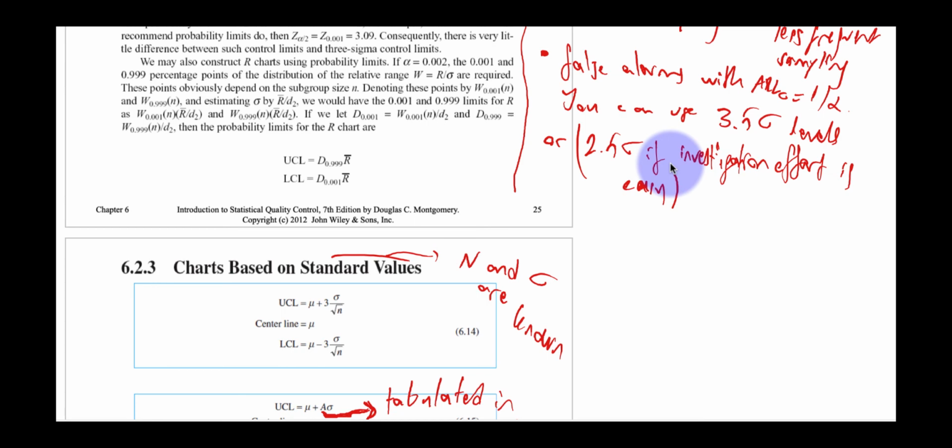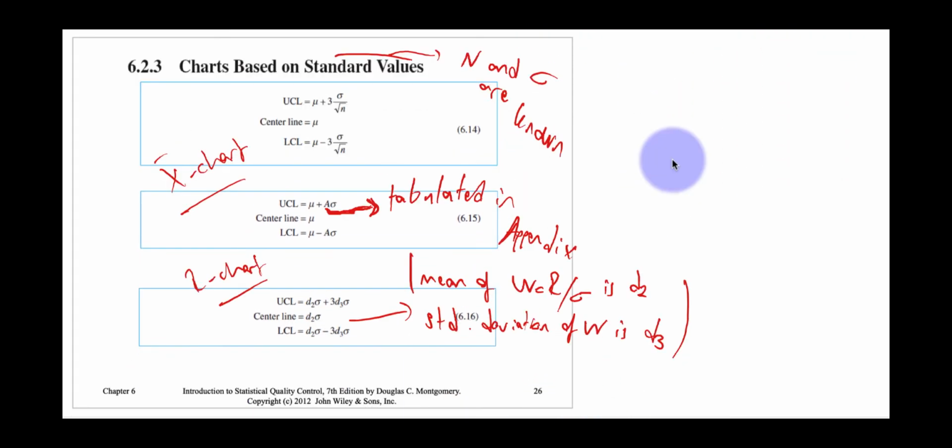But that is the case if the investigation effort is easy, right? If we know the true value of mean and standard deviation, we can use a different formulation. It is the same concept, but different calculations, let's say. Instead of estimating the standard deviation, we use the standard deviation value directly.